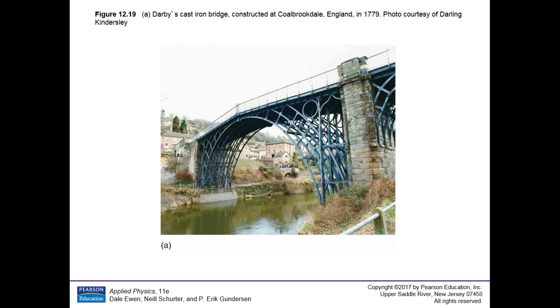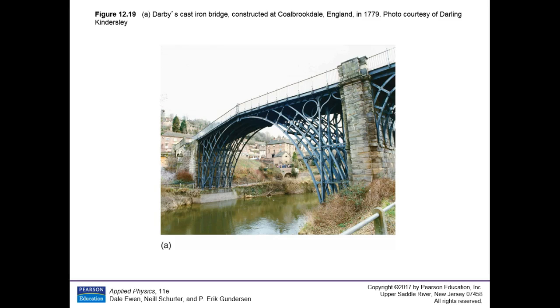All right, now this is a bridge that was actually constructed in England in 1779. That was about 3 years after our country started, okay? That was a pretty long time ago.